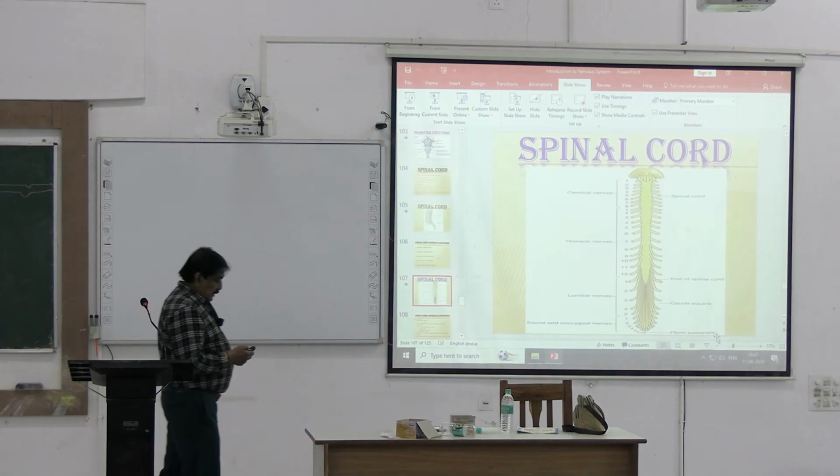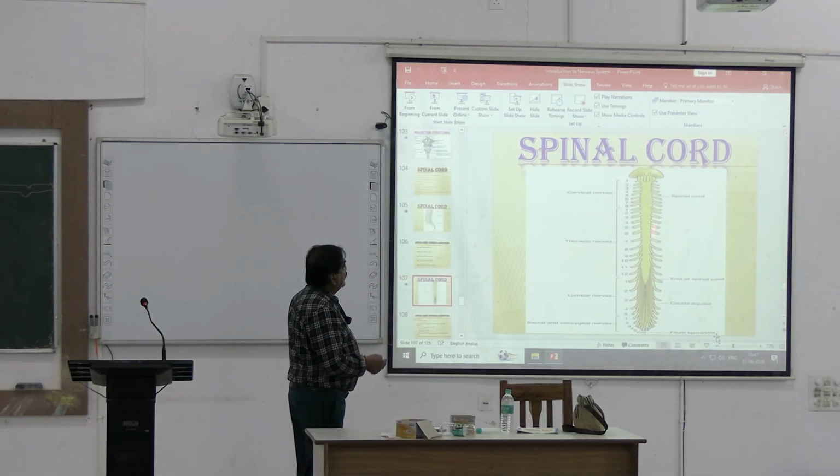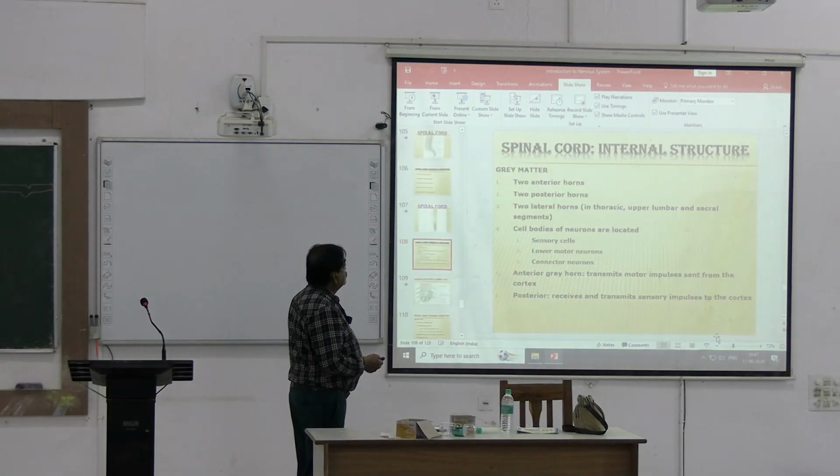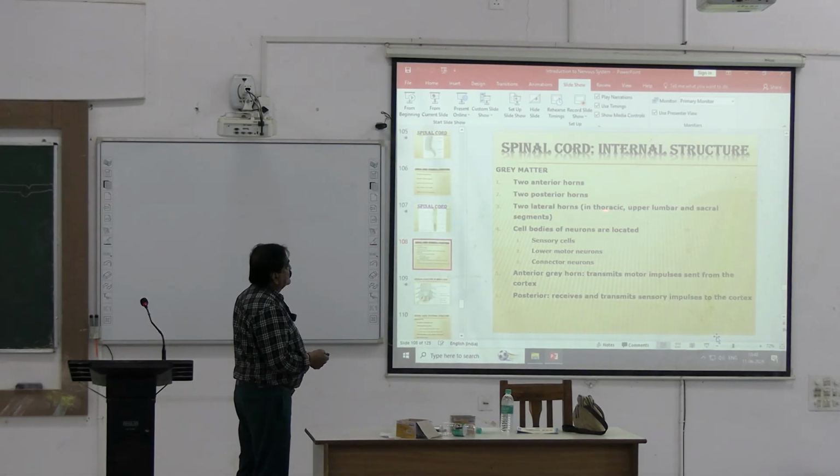This is spinal cord here: cervical, thoracic, lumbar. Spinal cord internal features: two anterior horns, two posterior horns, two lateral horns in thoracic, upper lumbar and sacral segments. Cell bodies of neurons are located here: sensory cells, lower motor neurons, connector neurons.